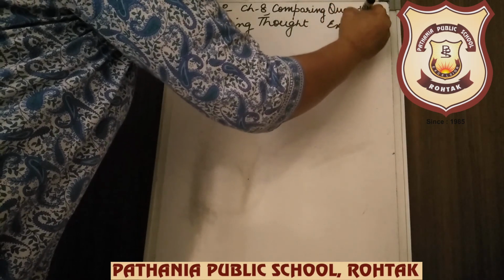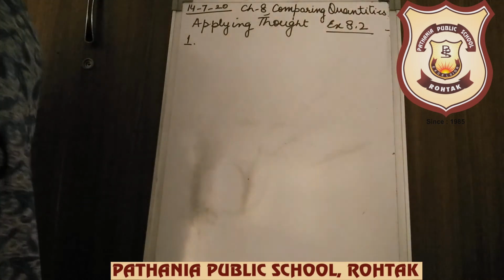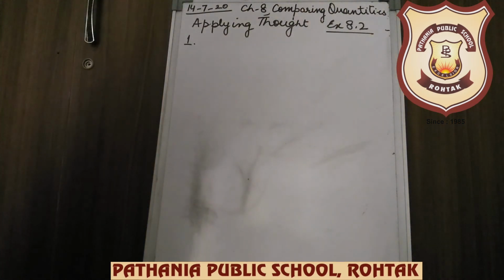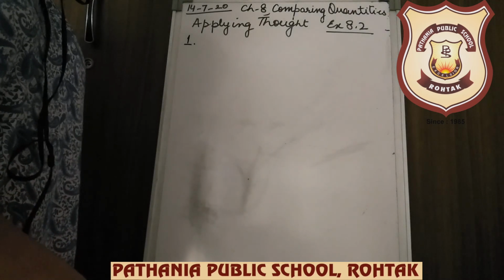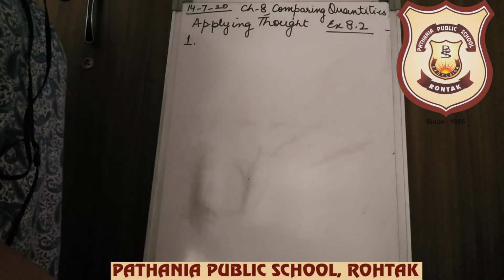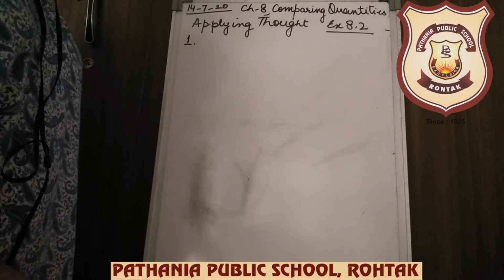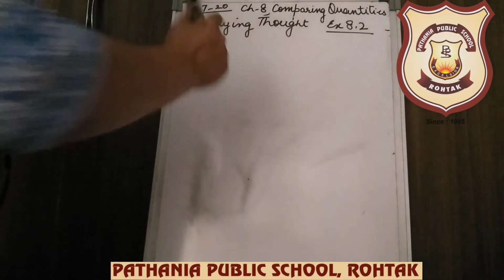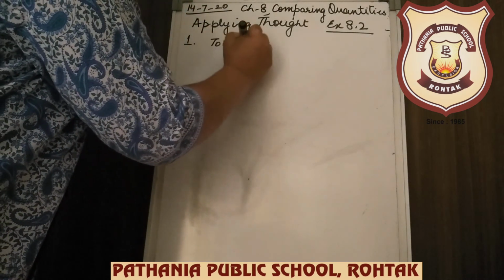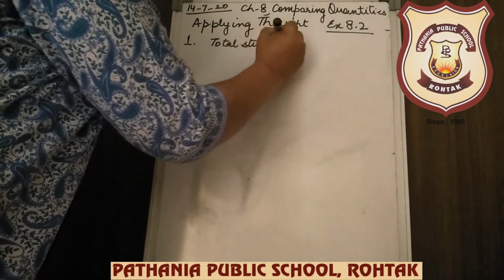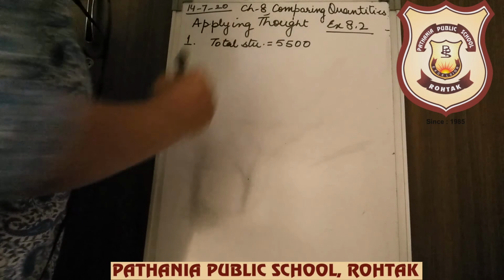Exercise 8.2, question number 1. Out of 5500 students in a school. Now with this part of the statement, you are clear that total students is equal to 5500.